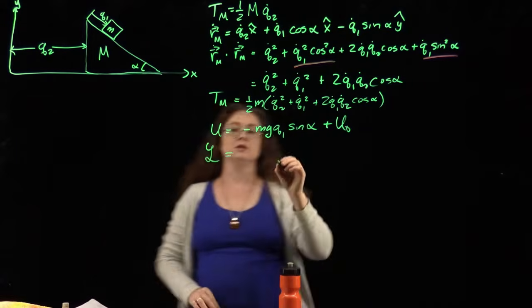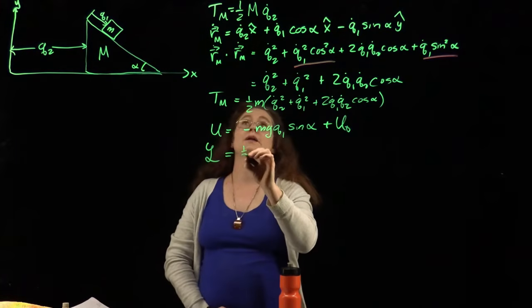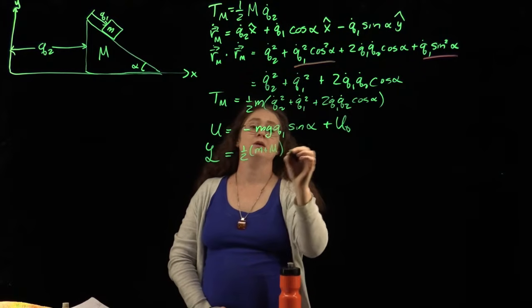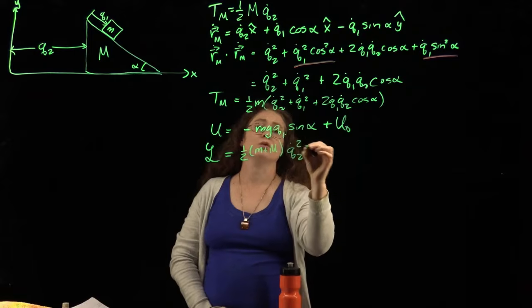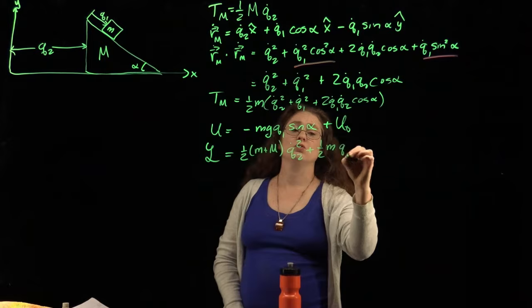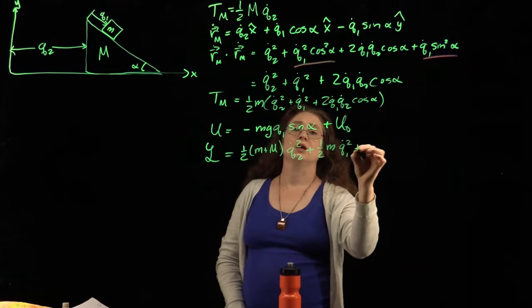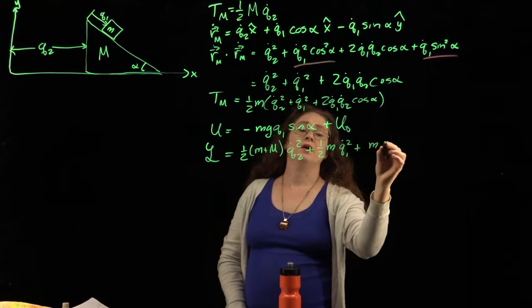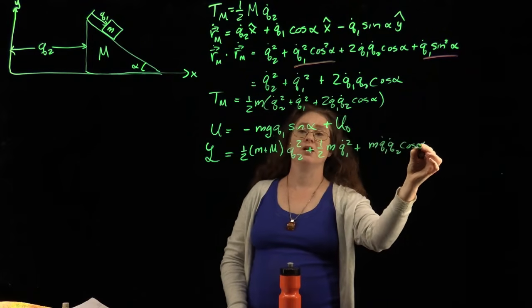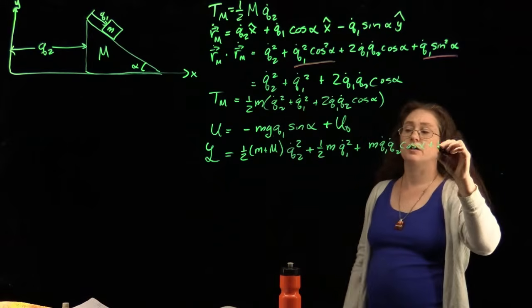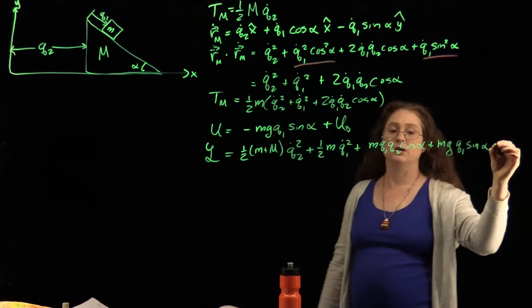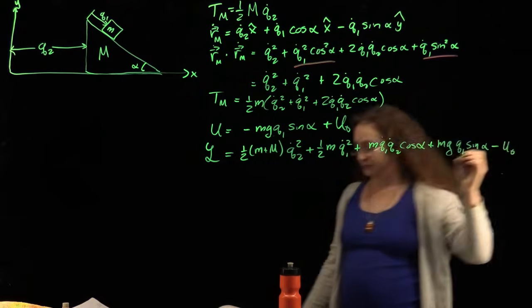is 1/2 (M plus m) q2 dot squared plus 1/2 little m q1 dot squared plus m q1 dot q2 dot cosine alpha plus m g q1 sine alpha minus U naught.